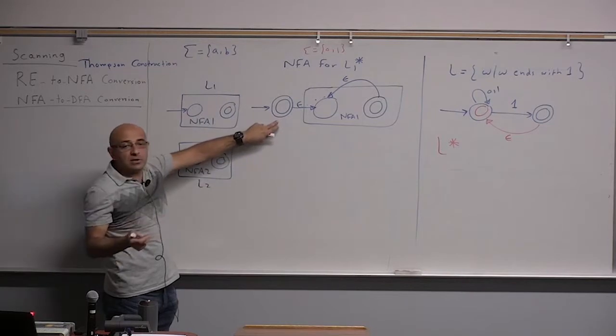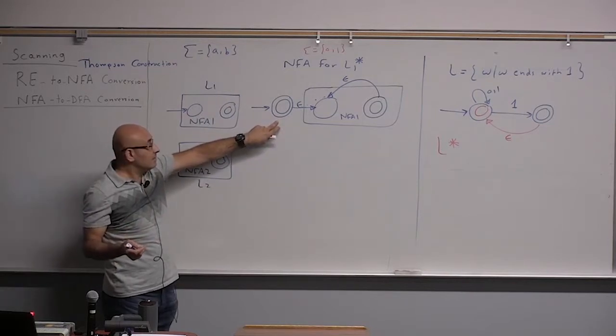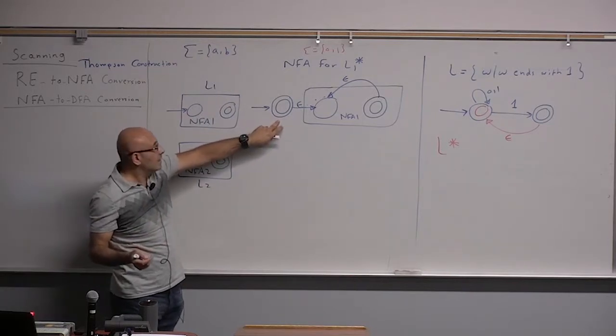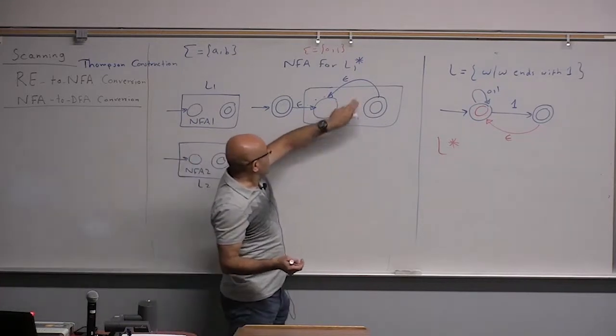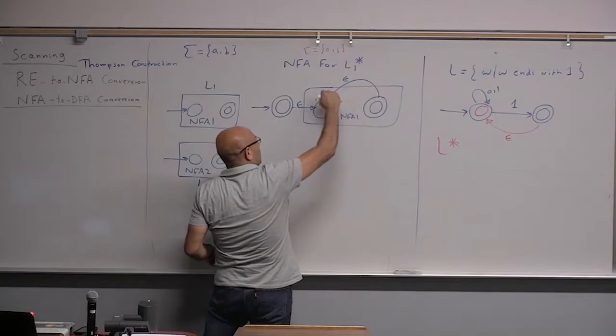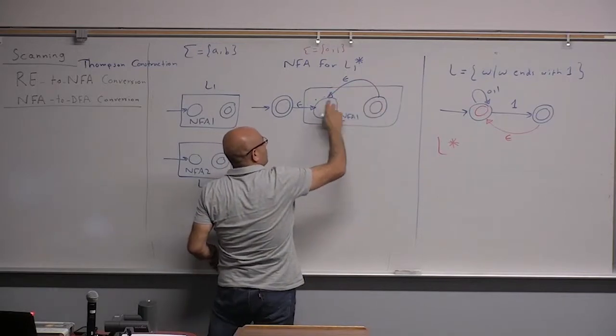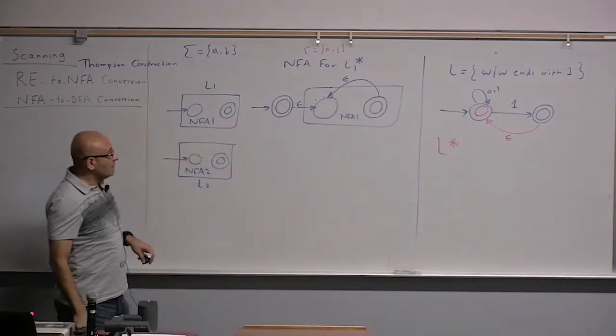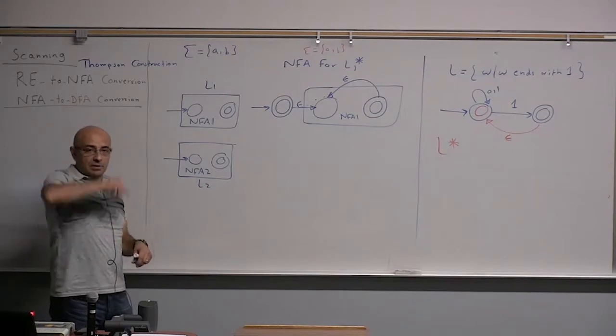I'm doing this only to accept epsilon, but this will not accept anything else. And then I have to have this backward transition from the accept state to the start state to implement the loop, the repeating.